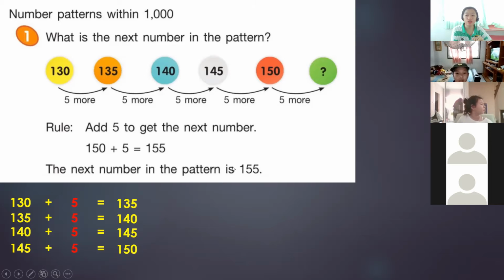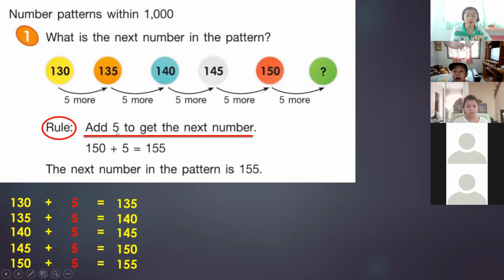So the missing number here is 155. Why? Because 150 plus 5 is equal to 155. The rule here is add 5 to get the next number.